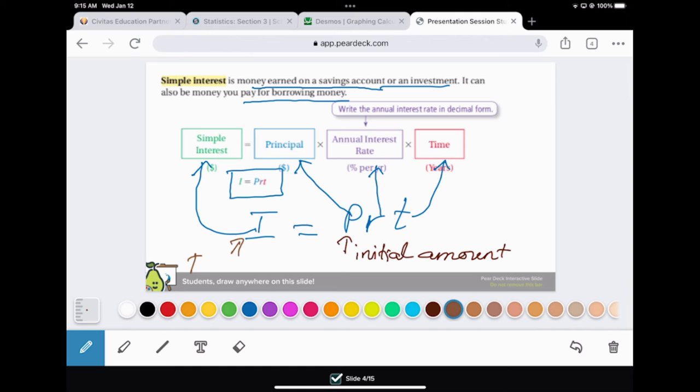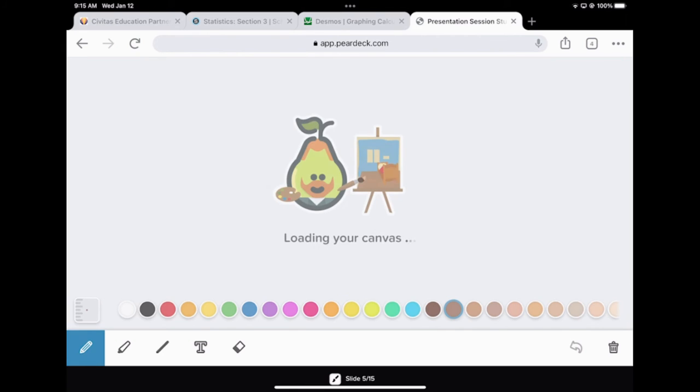P is the principal, or the initial amount, R stands for rate, T stands for time. We're going to use this formula and plug it in. Remember how you do permutation and combination? There's the formula, and we're going to recognize them. Whichever letter we don't have, that's the one we're going to solve for. Okay? So let's try some examples.